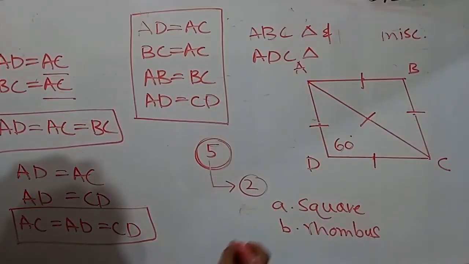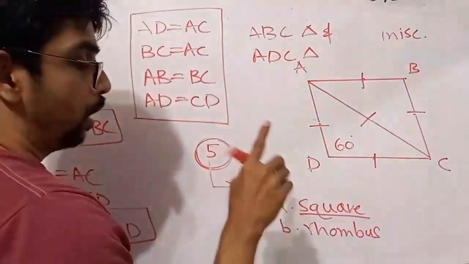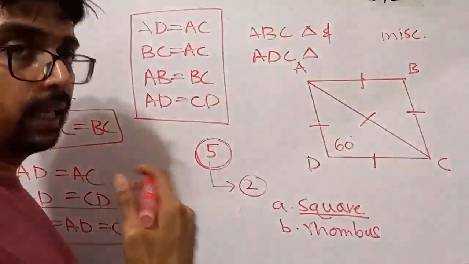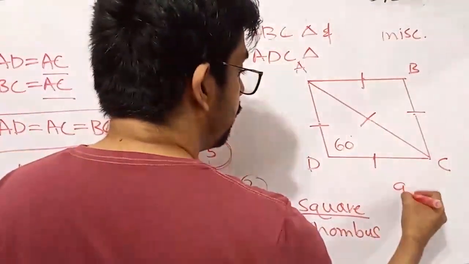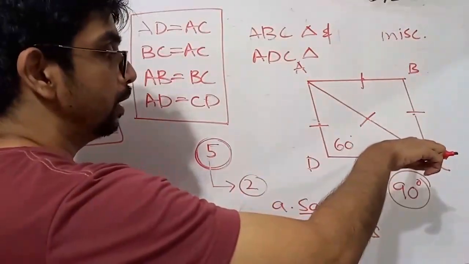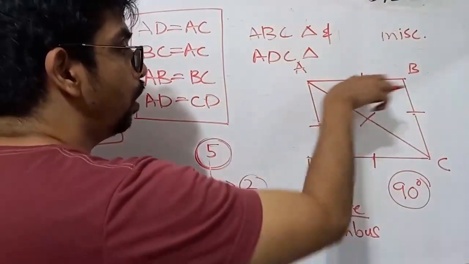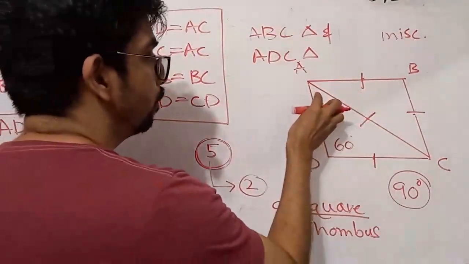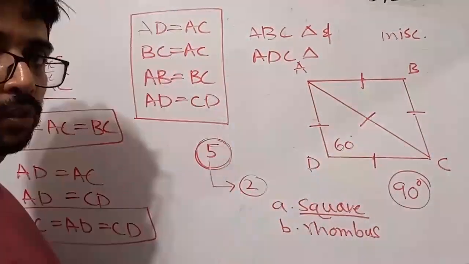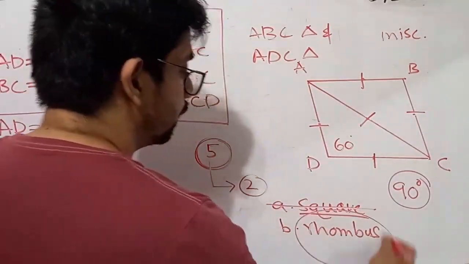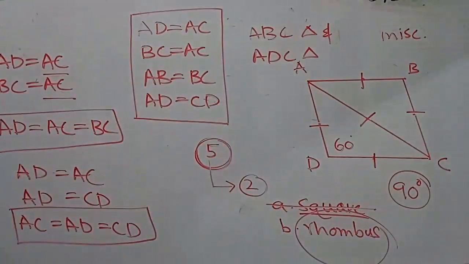Right? So when we talk about the square, all sides are equal in length, and also if we consider the internal angles, each are 90 degrees. So in this quadrilateral, if you consider all the internal angles, there are 4 angles. Internal angles 1, 2, 3, 4. So what is the magnitude? 60. Then definitely this is not a square, this is a rhombus.